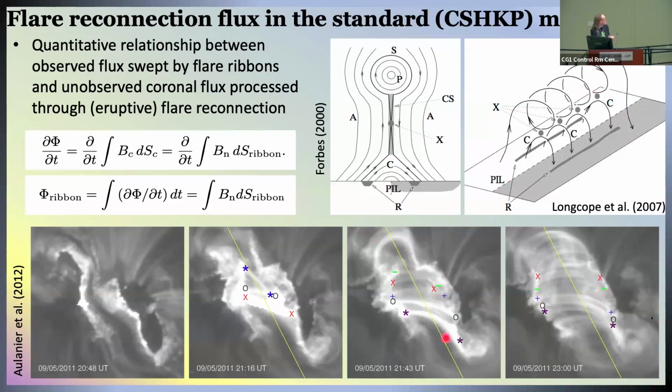So even for an eruption like this, you can see here this J-shaped hook is one foot point of the erupting flux rope structure, and this J-shaped hook over here is the other foot point. The flare is happening in between and beneath the 2 foot points. So in this picture, this is one leg and this is the other leg.